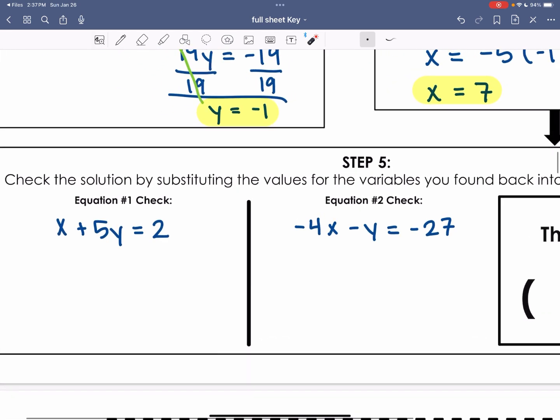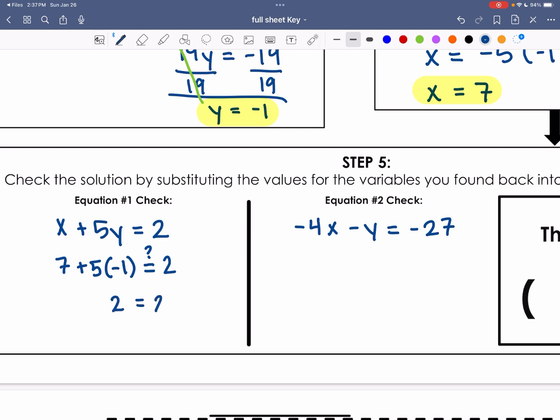All right, so instead of x, we have 7 plus 5y becomes 5 times negative 1. We're just going to check that it equals 2. So this is 7 plus negative 5, also known as 2, which does in fact equal 2. So that checks out.